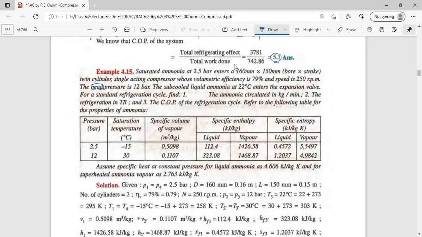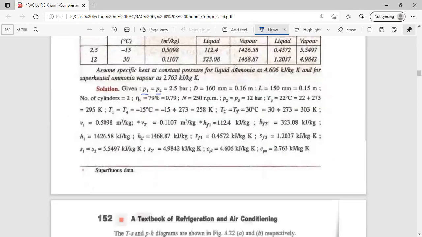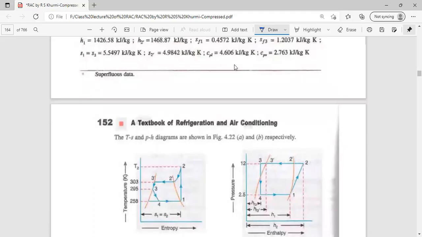So the specific heat at constant pressure. Let us take P1 and P4. What is P1, which is given here? Pressure at the entrance of the compressor, or at the exit of the evaporator, and P4 is the pressure at the outlet of the expansion valve, at the entrance of the evaporator.